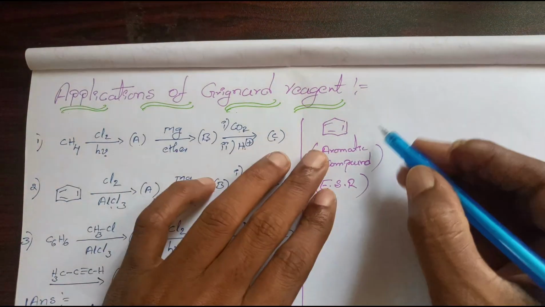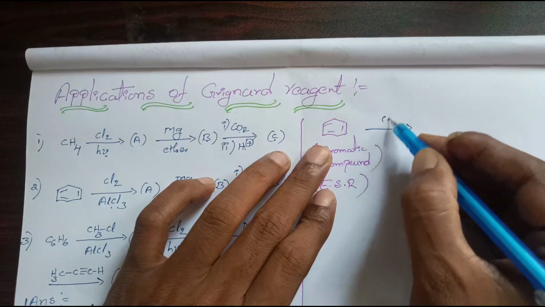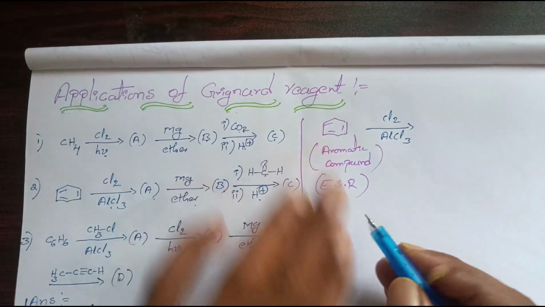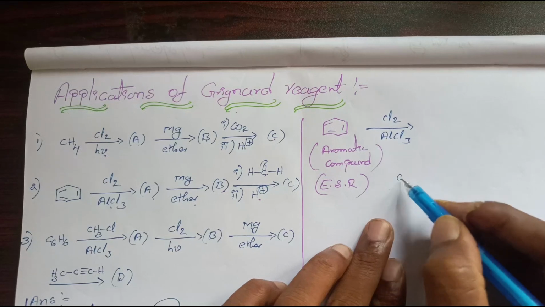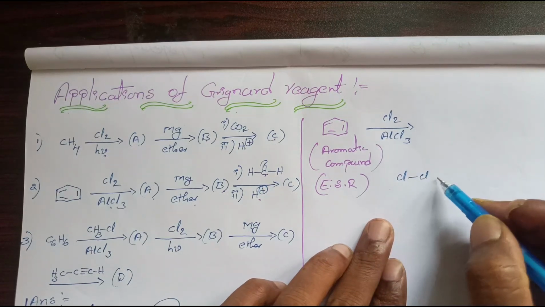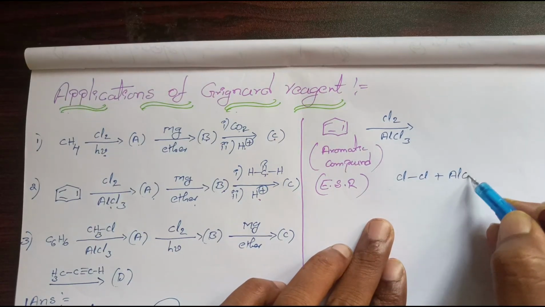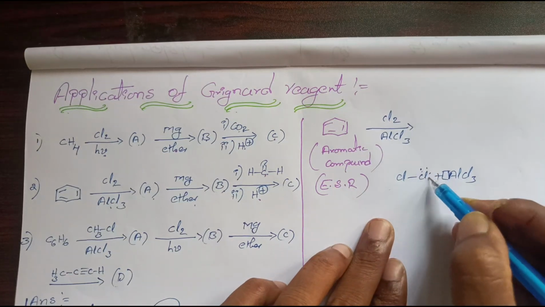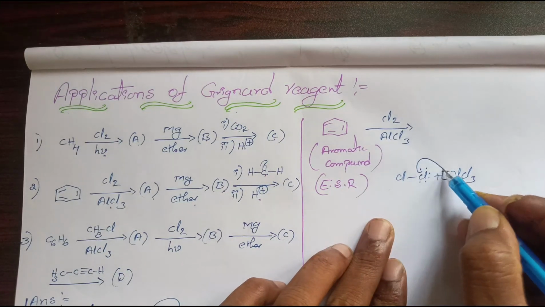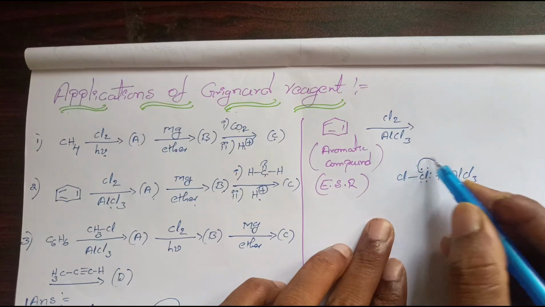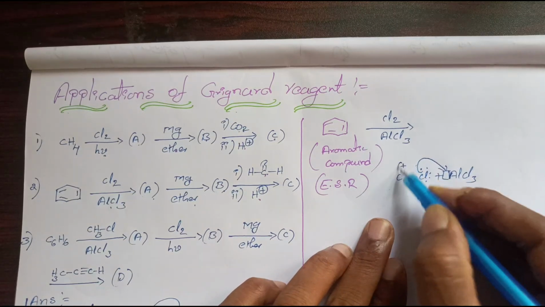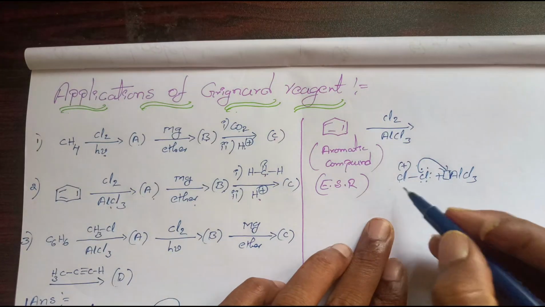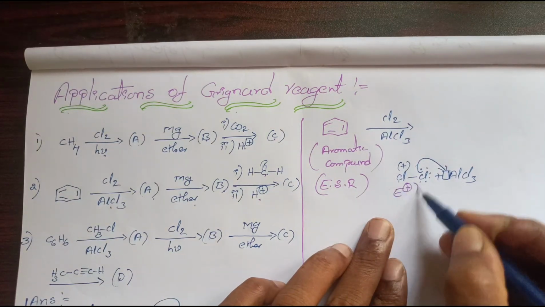So benzene reacts with chlorine in the presence of AlCl3. Here chlorine single bond chlorine plus AlCl3. AlCl3 is a Lewis acid, with a vacant orbital at aluminum. Chlorine has a lone pair of electrons, so donation takes place. This chlorine leaves along with the electron pair, and the other chlorine exists as Cl plus, which is the electrophile.